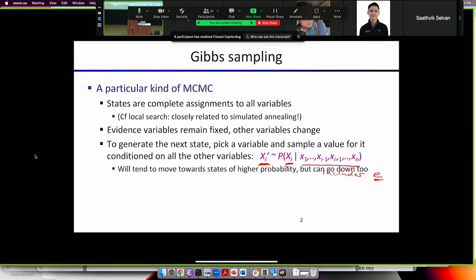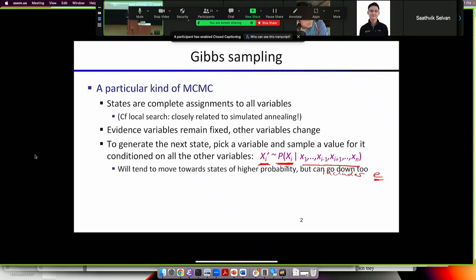Okay, and if you think about it, by choosing to sample from the distribution of xi given all the other variables, what's the most likely value that you're going to choose? Well, it's the one with the highest probability. Whichever value of xi is most likely given all the other variables, that's the one you're most likely to choose by definition, because you're sampling from that distribution.